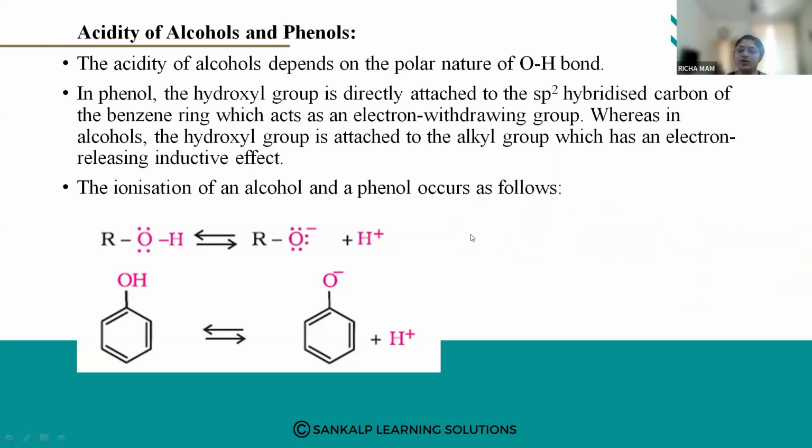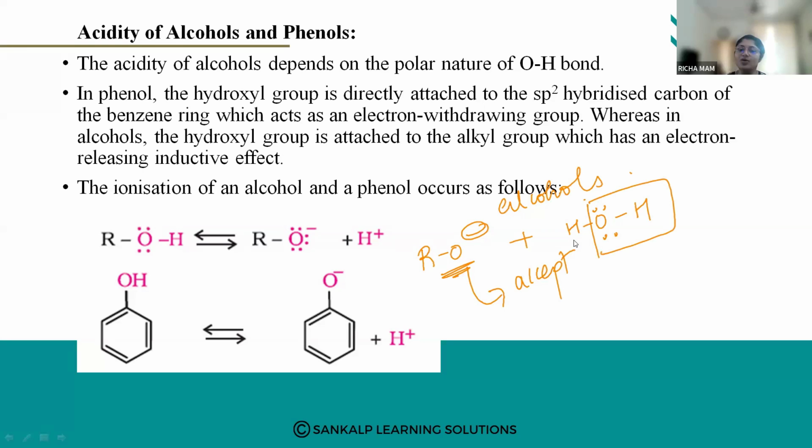Now, when your base, that is RO minus, plus your acid, if I take water, alcohol is a weaker acid than water. Why are alcohols weaker acids than water? Because water is a better proton donor than alcohols. So the alkoxide ion is a better proton acceptor than the OH ion, which indicates that the alkoxide ion is a stronger base.